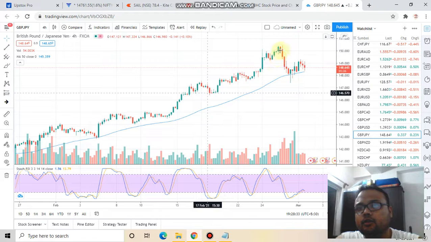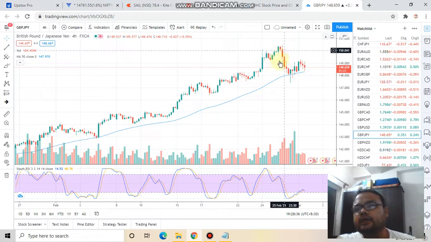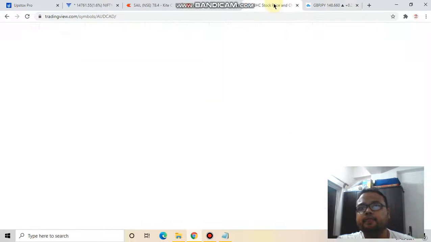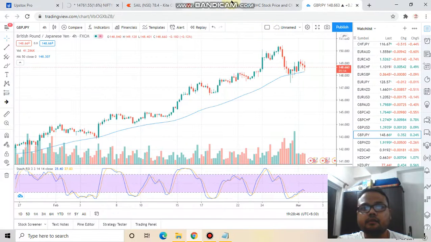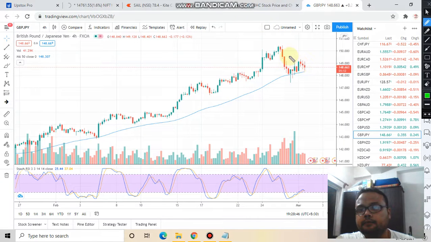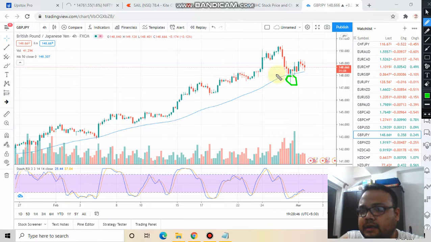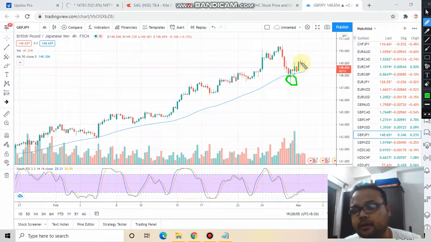Though there was a huge fall from this level, market took support at the 50 MA, and there was good price rejection from below, and market tried to go up a little, and again there are three spinning tops, kind of an indication going on in the market.